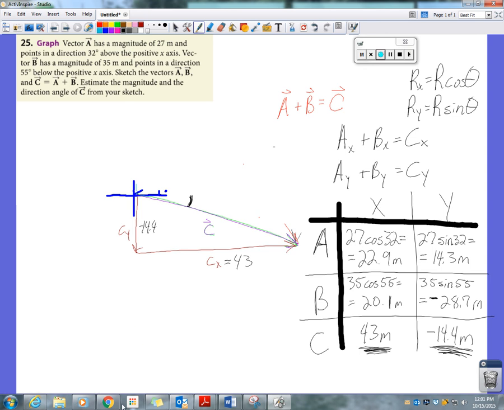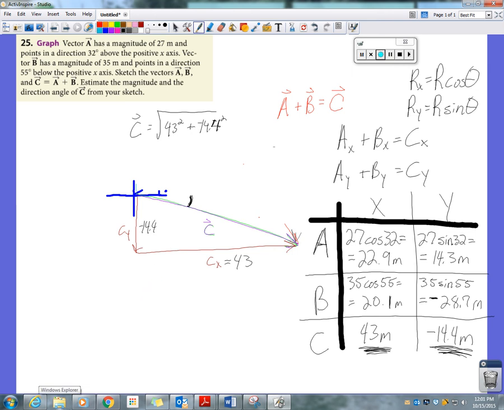So let's first, real quick, do the Pythagorean theorem to find what the magnitude is. So the magnitude of C is going to be equal to the square root of 43 squared plus negative 14.4 squared. The negative winds up not mattering because it's, of course, getting squared.